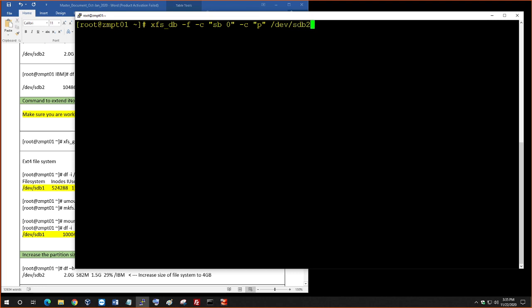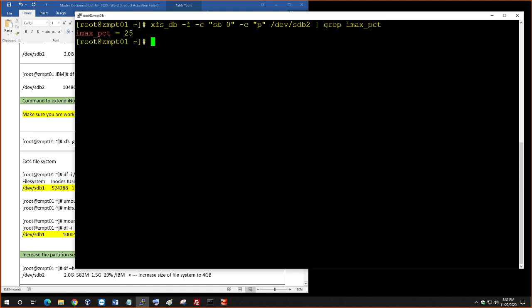dev/sdb2, and then I'm going to grep for imax_%. Okay, let me hit enter, see what happens.